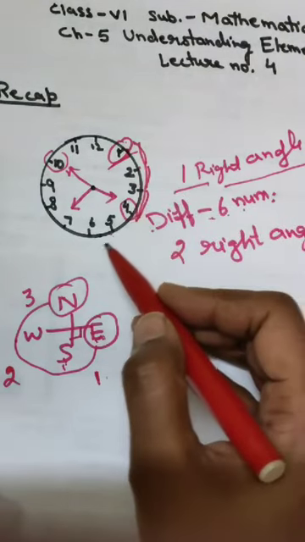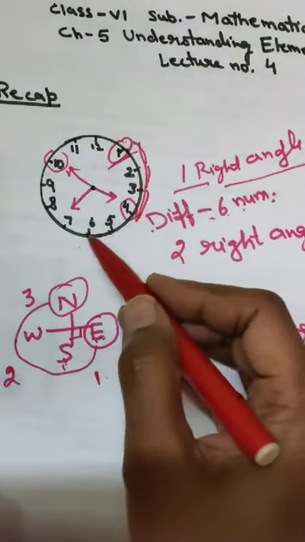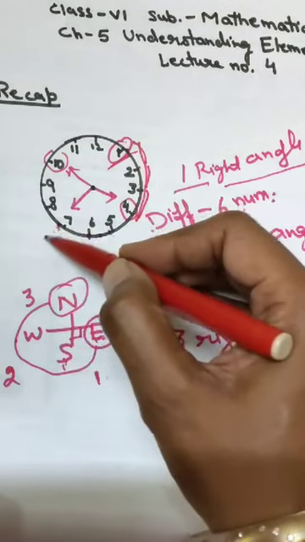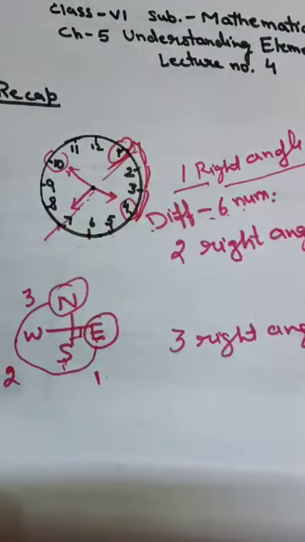In the same way, when you move 4 to 5, 1, 5 to 6, 2, and 6 to 7, 3. That means it will stop at 7 when it starts from 1 and takes 2 right angles. Okay, one right angle means the difference of 3 numbers. That's it.